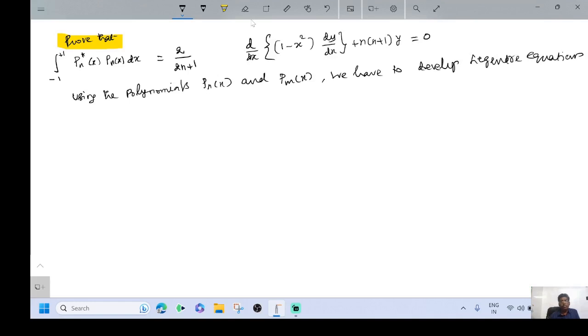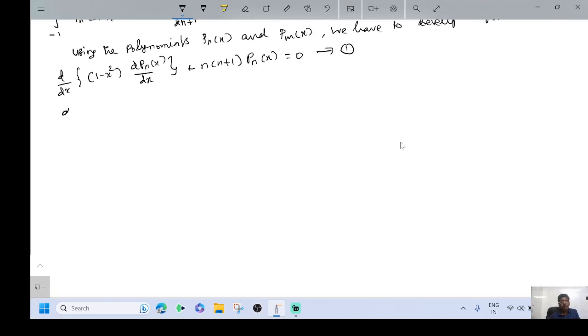If you use Pn of x, you may get d by dx of (1 minus x square) d Pn of x divided by dx plus n into (n plus 1) Pn of x equal to 0. So this is equation 1.